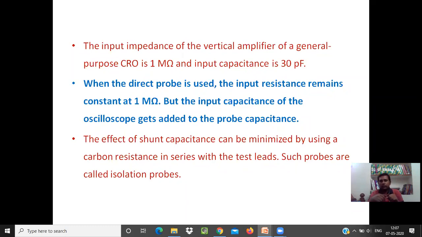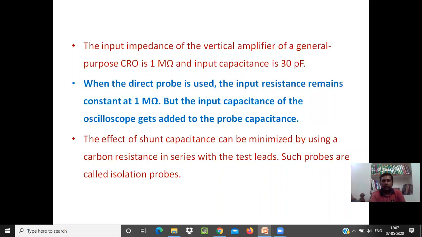So to avoid this added capacitance, some mechanism or some additional components are required to compensate this change in capacitance, right?